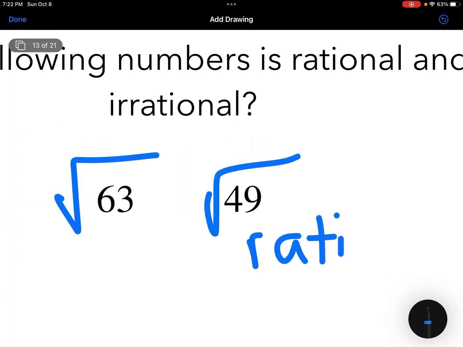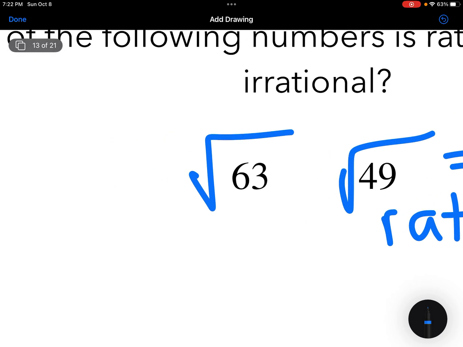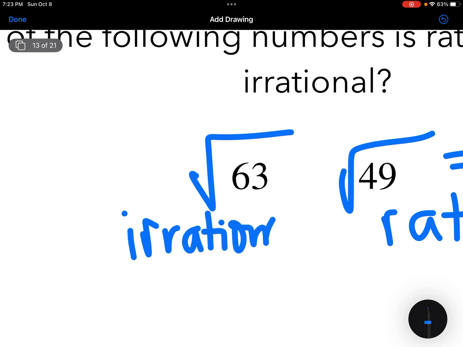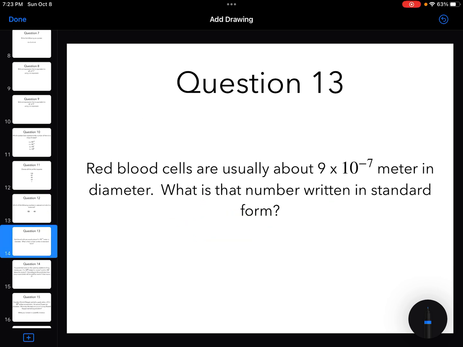So this one's going to be my rational because the square root is 7, a perfect whole number. This one is irrational because there's no pattern. When you put in the square root of 63, it's not going to come out as anything that can be converted into a fraction or a terminating decimal.